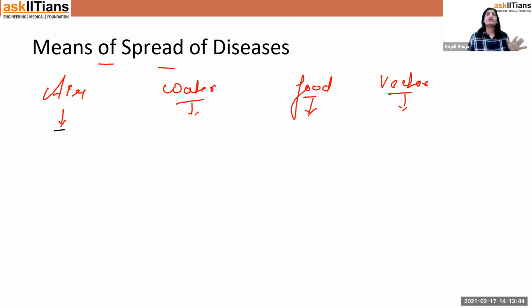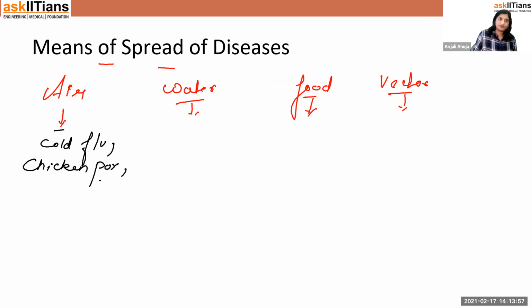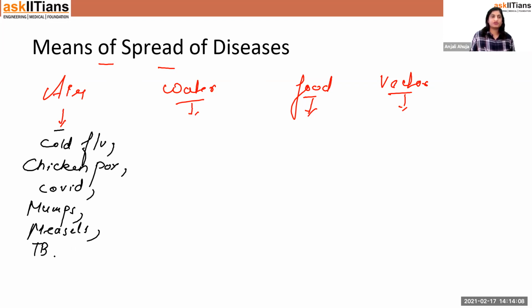There are many airborne diseases, for example cold, flu, chickenpox, COVID, mumps, measles, TB tuberculosis, and polio. You come in contact with certain people, and through air they are just transferred.